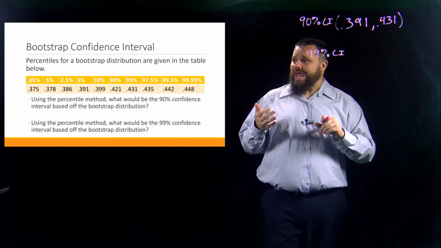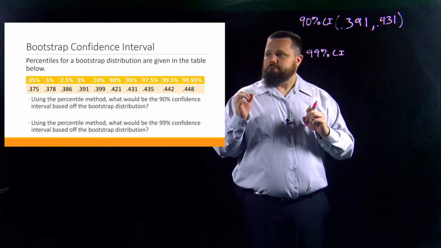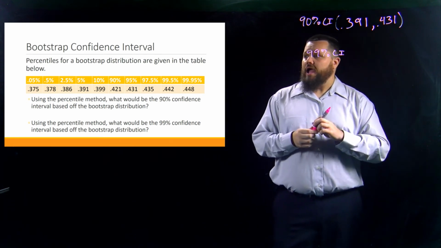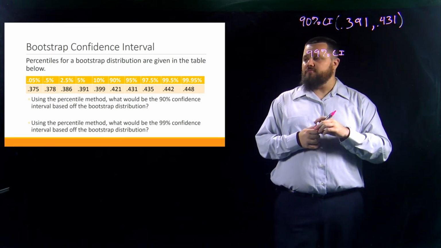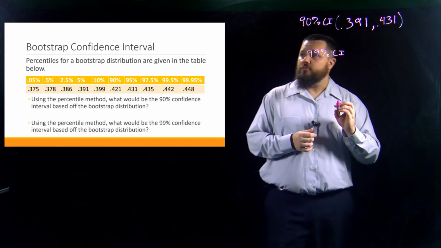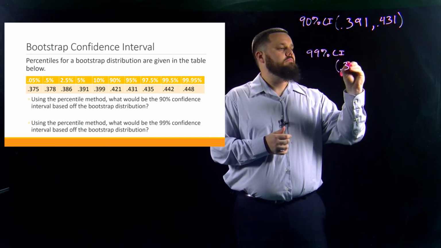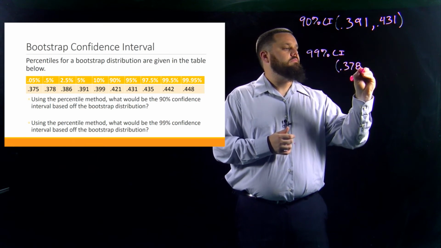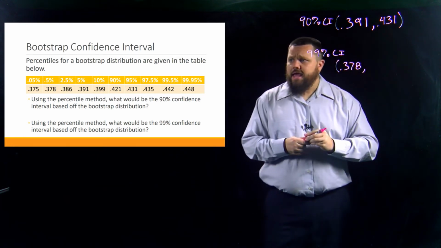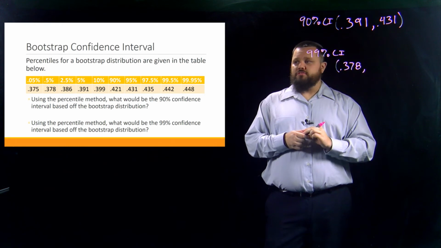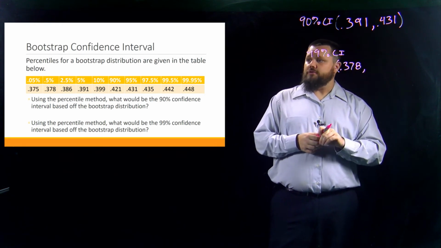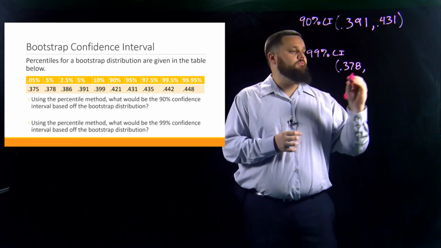So if we're looking at the chart here, our 0.5 percentile, so 0.5% corresponds to 0.378. And then the 99.5 percentile is going to correspond to 0.442.